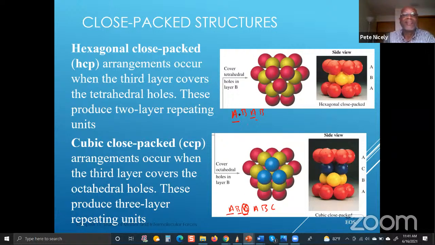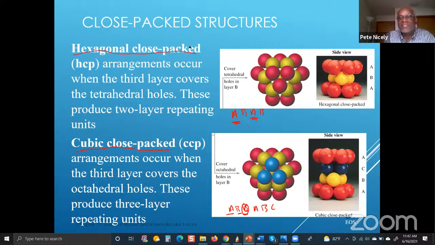Whereas in the hexagonal close packing, the arrangement of the first layer and the third layer would be the same. So this is called AB, while this is called ABC. This is called cubic close packing, and this is called the hexagonal close packing.